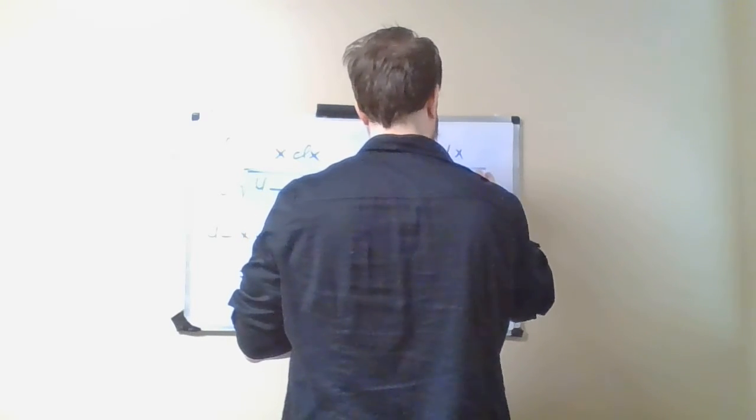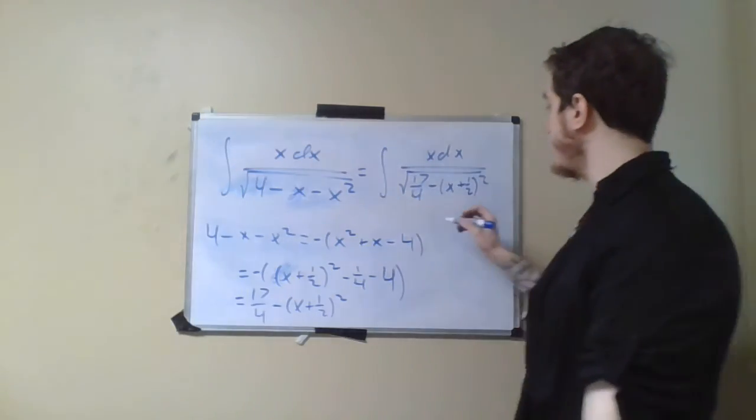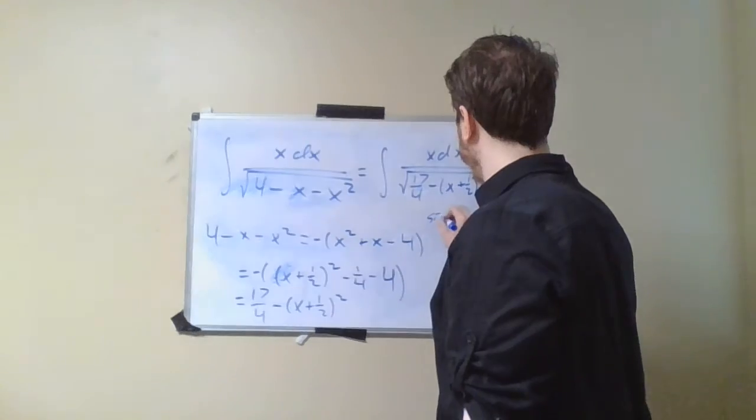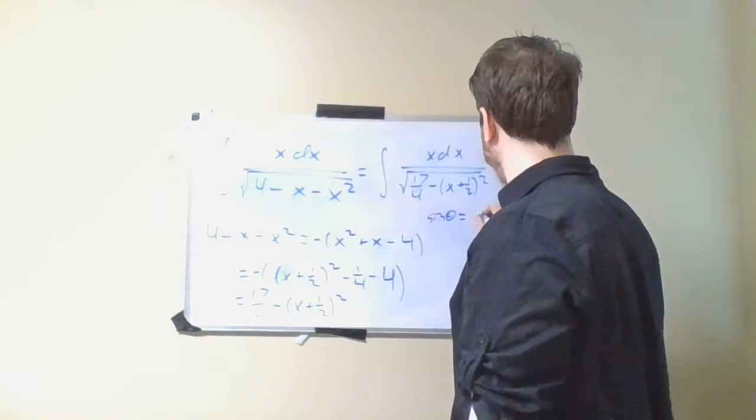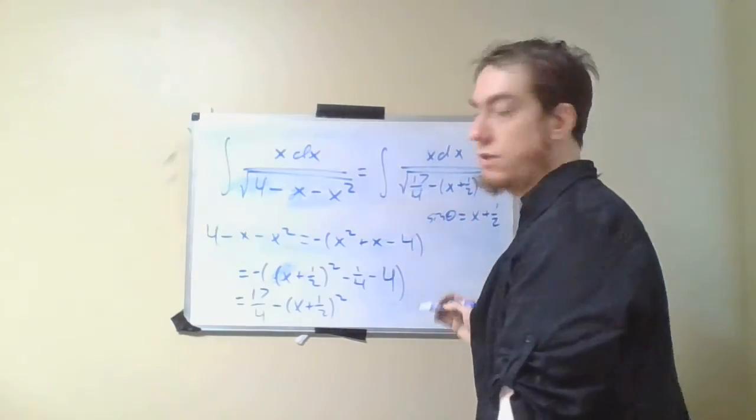So this is actually going to be equal to the integral of x dx over the square root of 17 over 4 minus x plus 1/2 squared. And then what I can do is my substitution of sine theta is equal to x plus 1/2.